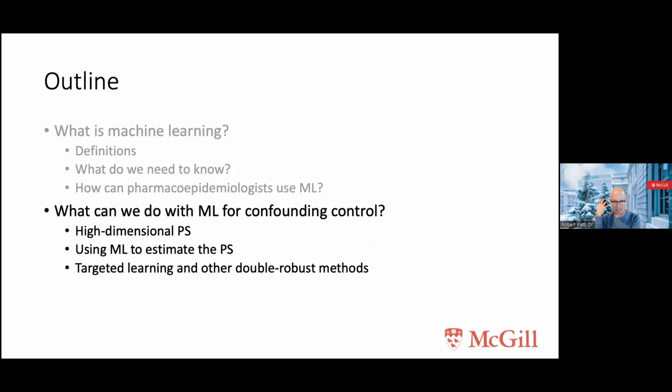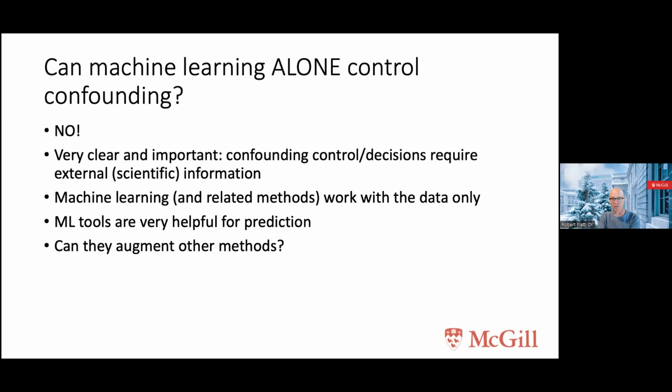Now I'm putting myself in the setting of an epidemiologist or a biostatistician who has an observational study, and I want to find the effect of a treatment on an outcome, and I might want to use machine learning tools to control for confounding in that treatment outcome association. I'll start with a couple of punchline slides that summarize the key points that I'm going to talk about in the next little while.